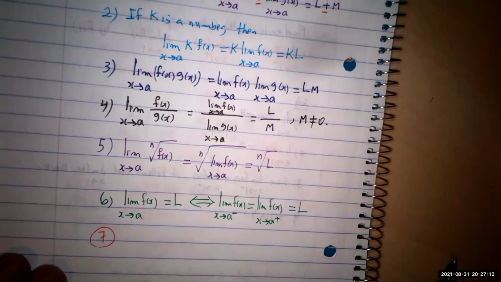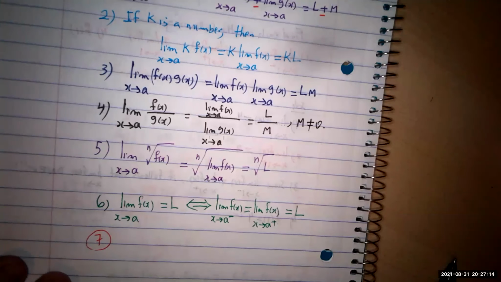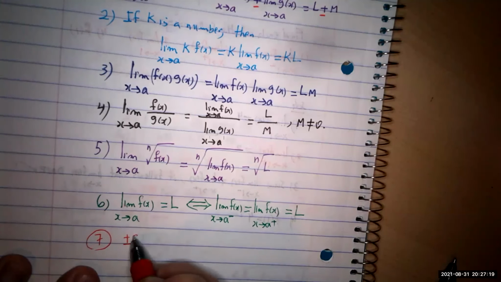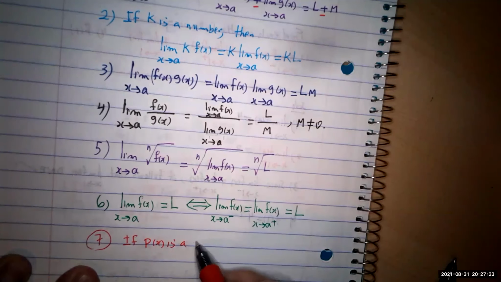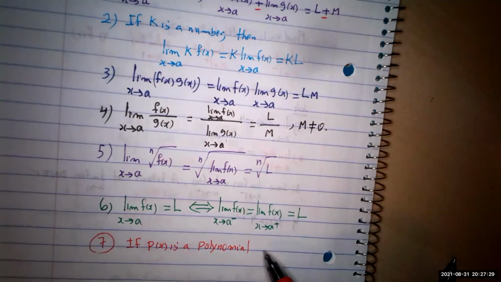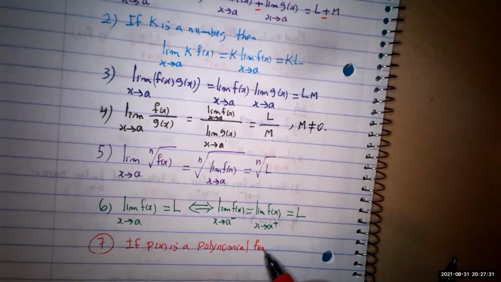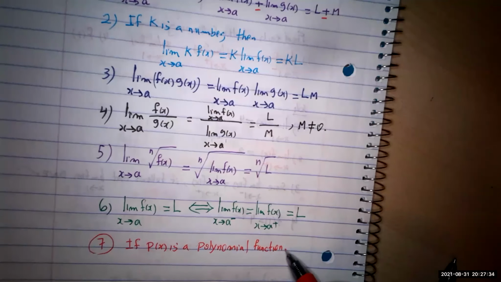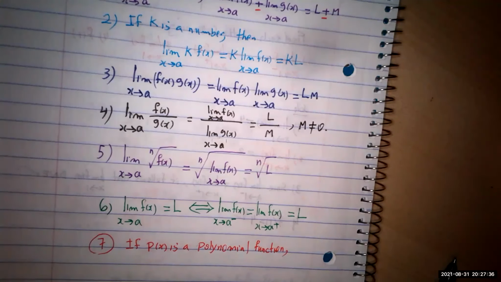How about if we have a polynomial? If P of x is a polynomial function. Remember, a polynomial function is just a combination of powers of x, like 3x squared plus 2x minus 1.